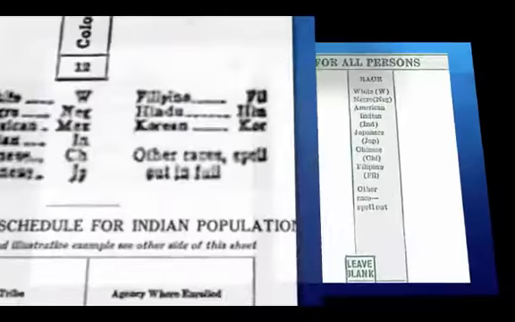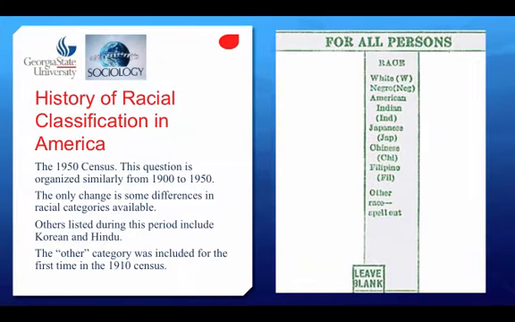In 1950, you have another example of this. You can see that from 1900 to 1950, there were various different groups listed. Not listed here are Koreans and Hindu, but in other censuses in this time period, those groups were from time to time listed.